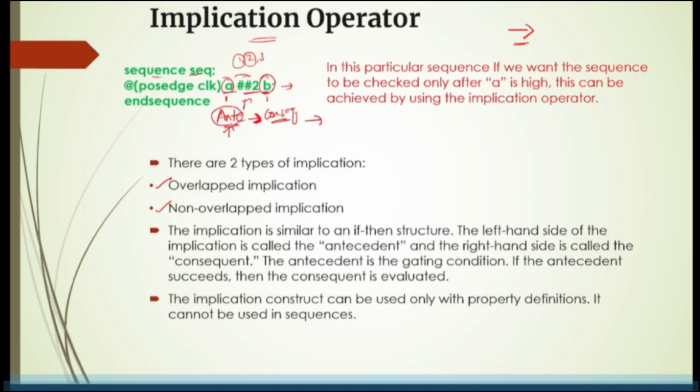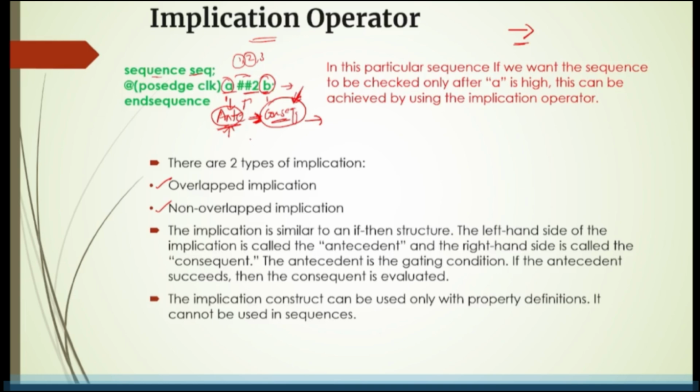That means after checking the antecedent, the consequent takes place. First the evaluation is done on the antecedent, and then the consequent evaluation is done. So this is the meaning of the implication operator.